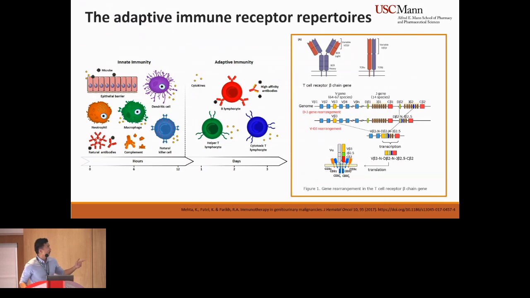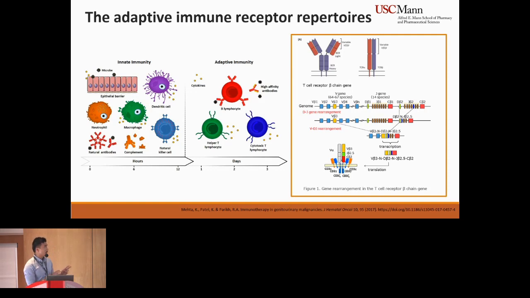On the other hand, the adaptive immune response involves what we know as B lymphocytes or B cells, and T lymphocytes or T cells. It works more specifically, through the receptors on the B cells or T cells, which you have heard about before, the BCR or TCR, that bind to antigens to trigger further downstream immune effects.